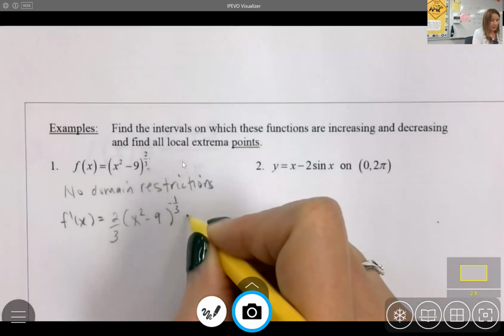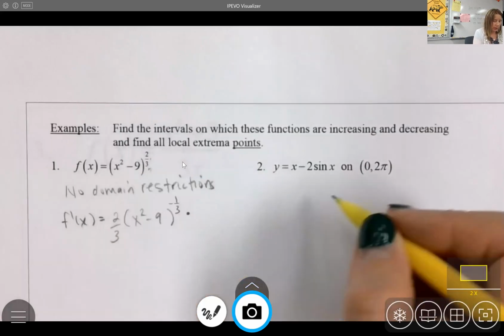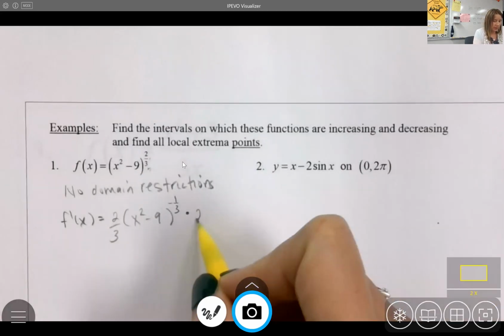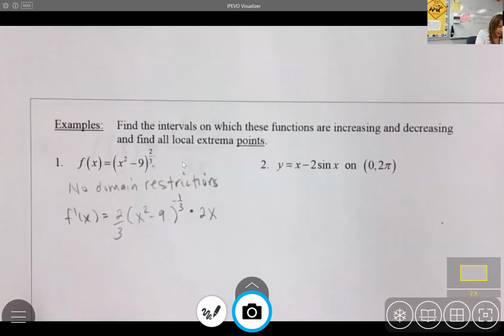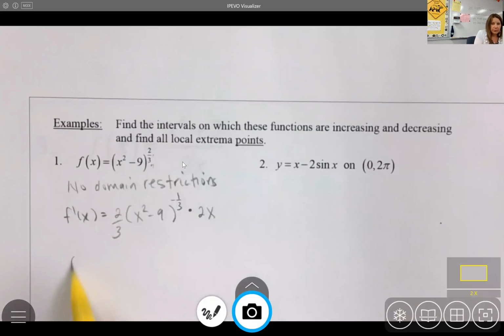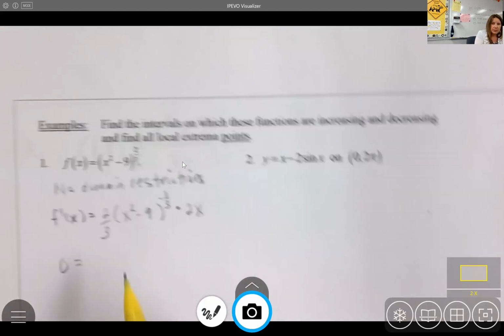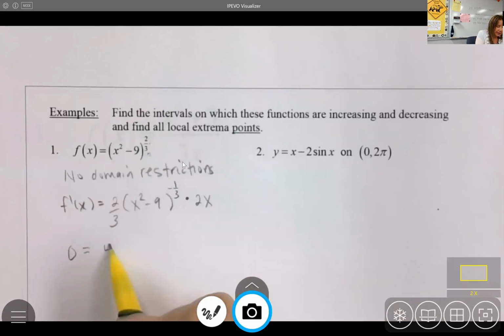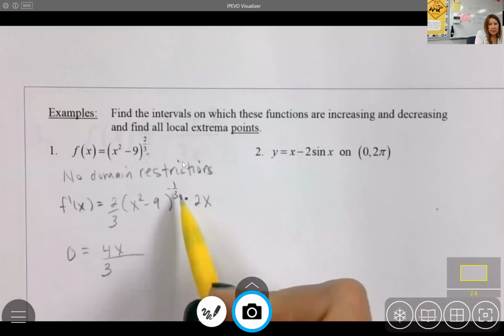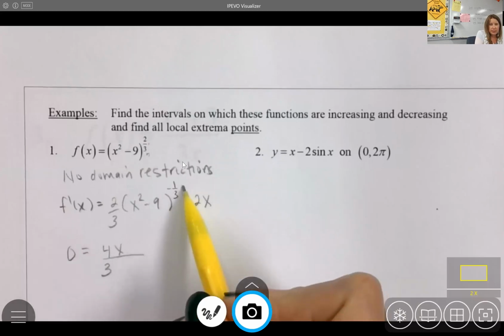Now I multiply by the derivative of the inside, the derivative of the baby, so the derivative of x squared is 2x. Remember, we always write this step to show our work. So 2 times 2 is 4, so this is 4x divided by 3, and then because this power is negative, it goes to the bottom, and it's a cube root.